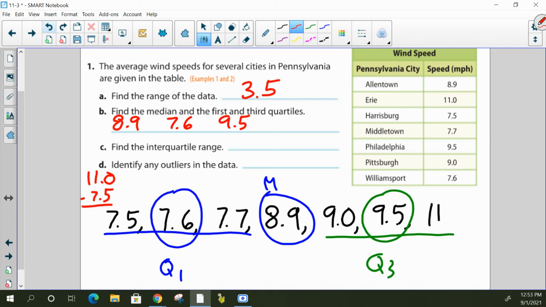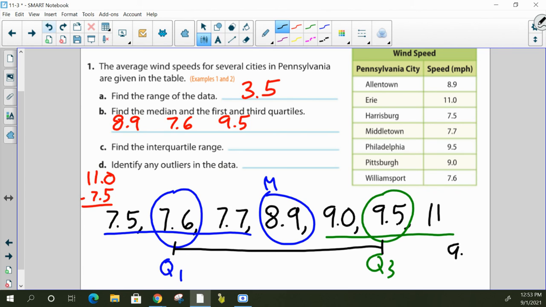Letter C, find the interquartile range. Inside the quartiles from 1 all the way to 3. What is the range? We find range the same way as we do interquartile range, which means it's going to be another subtraction problem. But this time, we're going to use our quartile numbers.